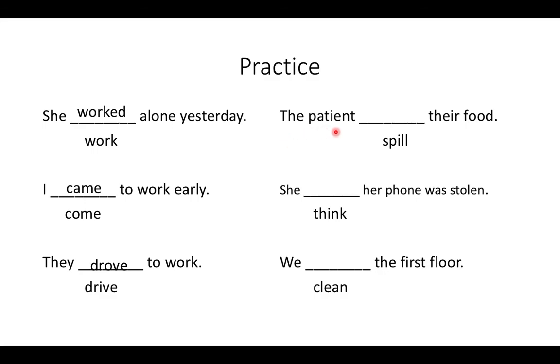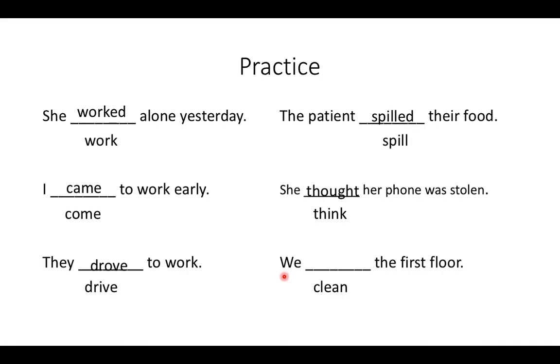The patient, spill is the verb, and we need to make it past tense. Spill is regular. So all we have to do is add an ed, right? The patient spilled their food. She, the verb is think. This one's irregular. It's not normal. So it turns into thought. She thought her phone was stolen.